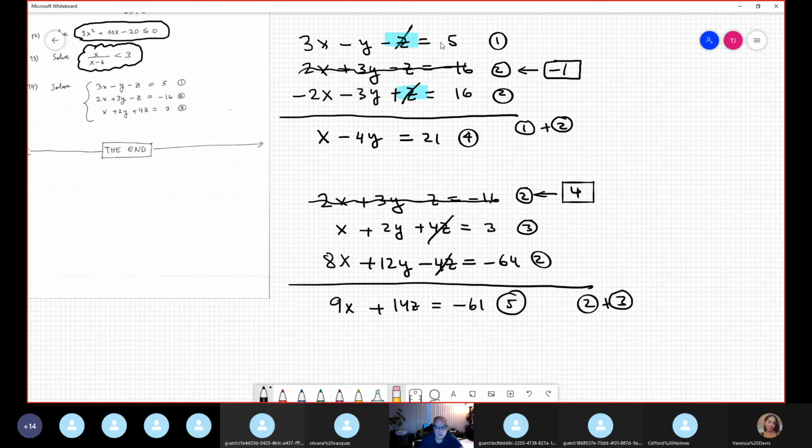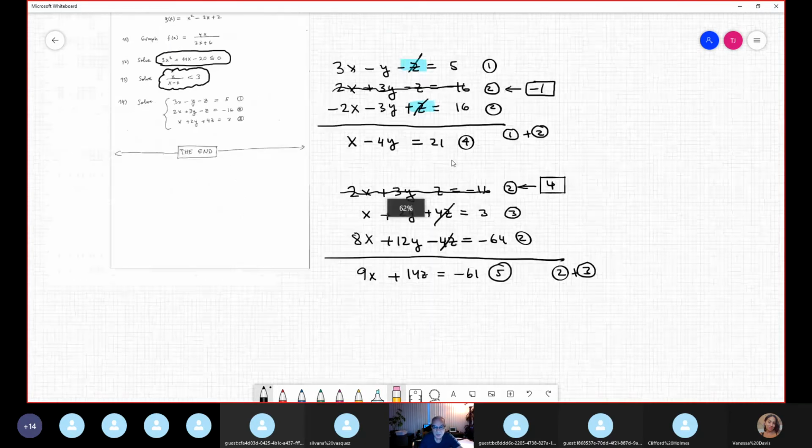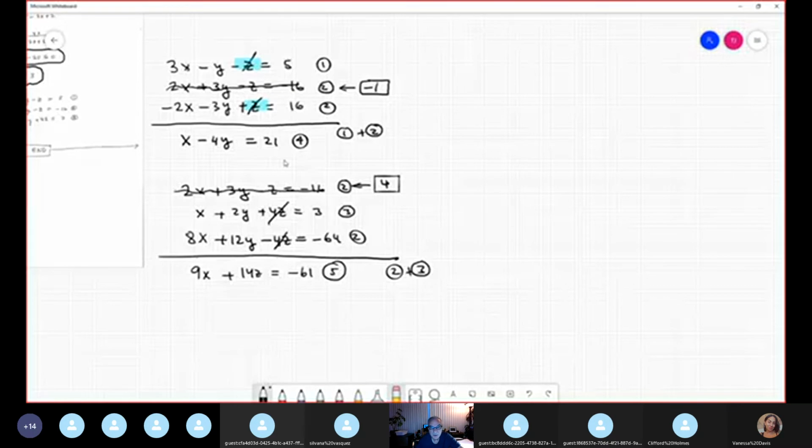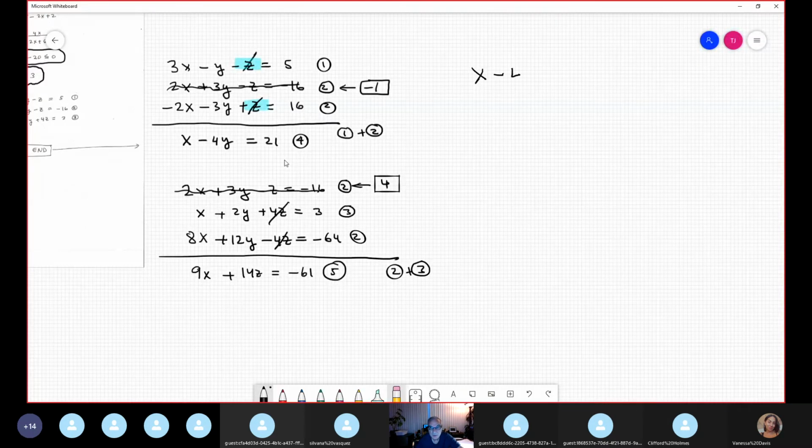Okay, almost, we finish. Because now you put together equations 4 and 5, and that is easy. Equation 4 and equation 5 form a new system: 9x plus 14y equals negative 61, equation 5.